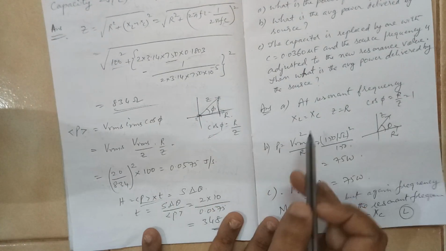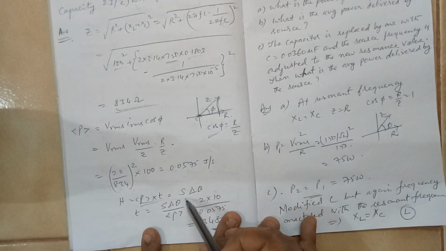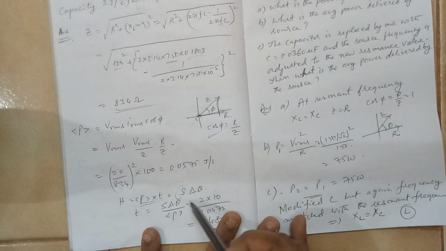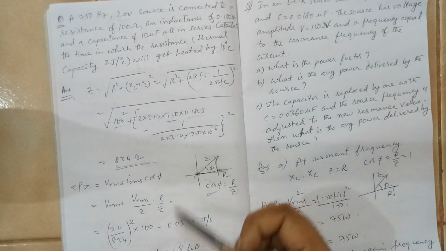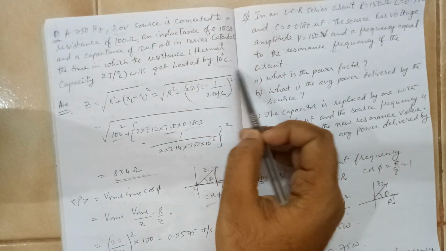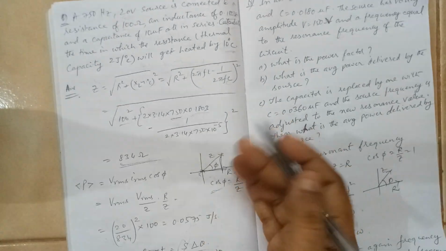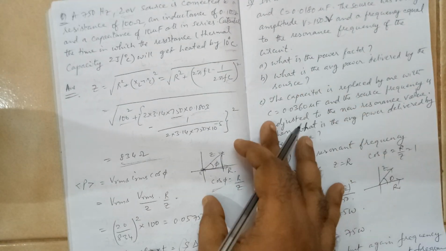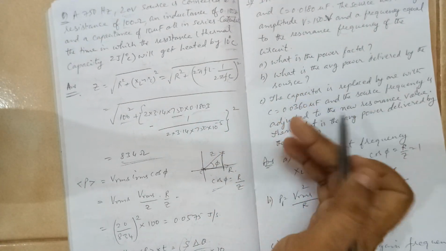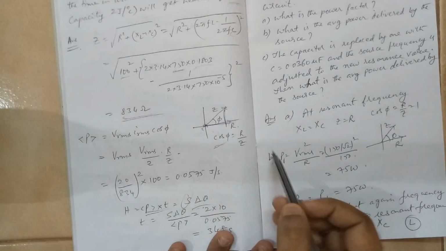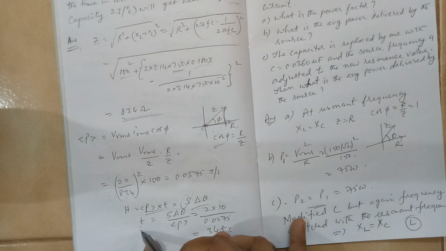Heat is equal to power multiplied by time, and it is also equal to thermal capacity into change in temperature. That delta theta value you can take as 10 degrees. Let us say it was 20 degrees, it became 30 degrees, or it was 15, it became 25. We are interested in the delta theta value only. So from here you can get the time.